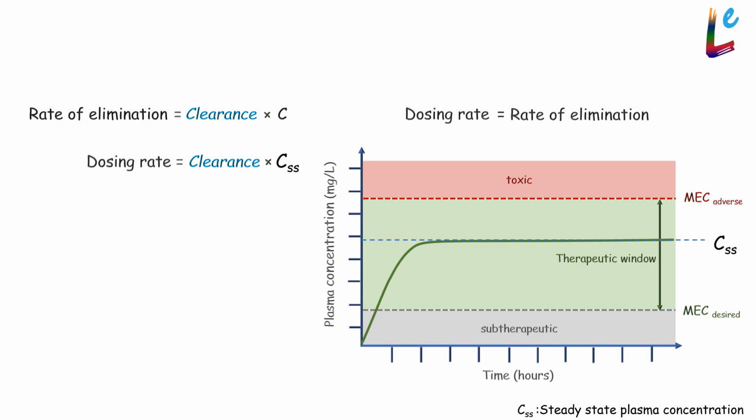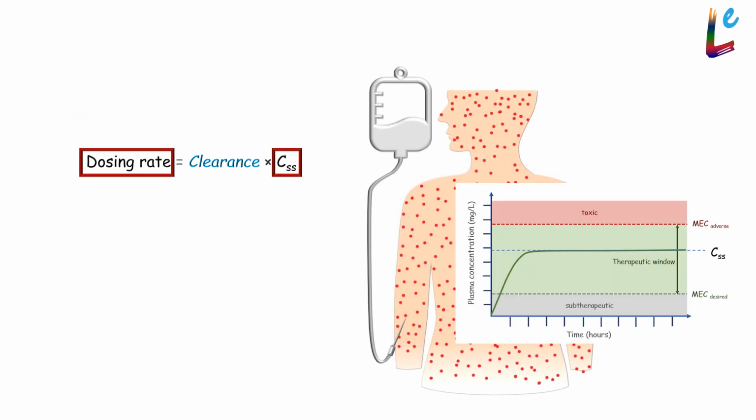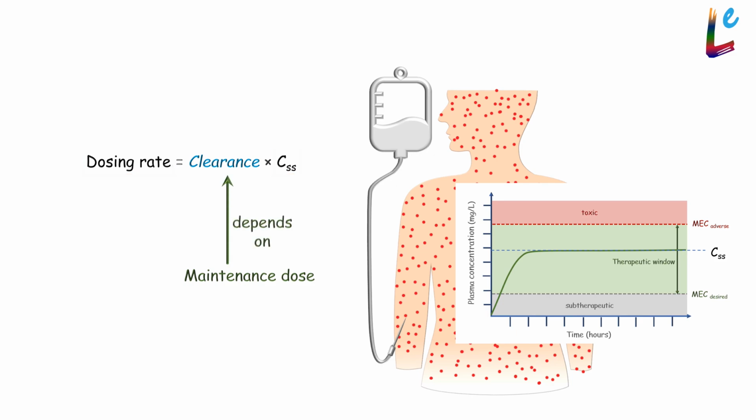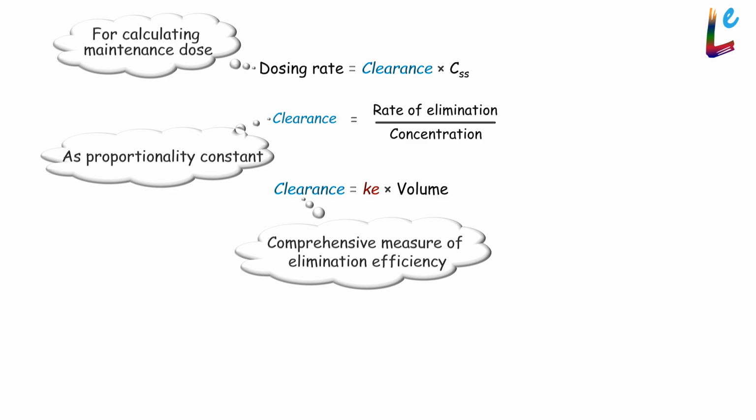Thus we have dosing rate is equal to clearance multiplied by CSS. Thus, the dose required to maintain steady state plasma concentration, that is maintenance dose, depends on the clearance of the drug. Let's list all the aspects of clearance we saw until now and the relevant equations.